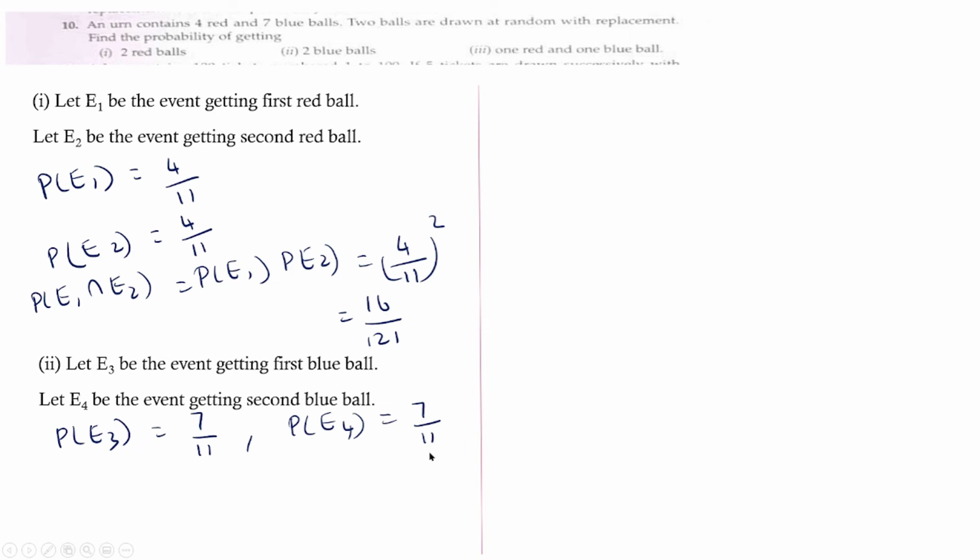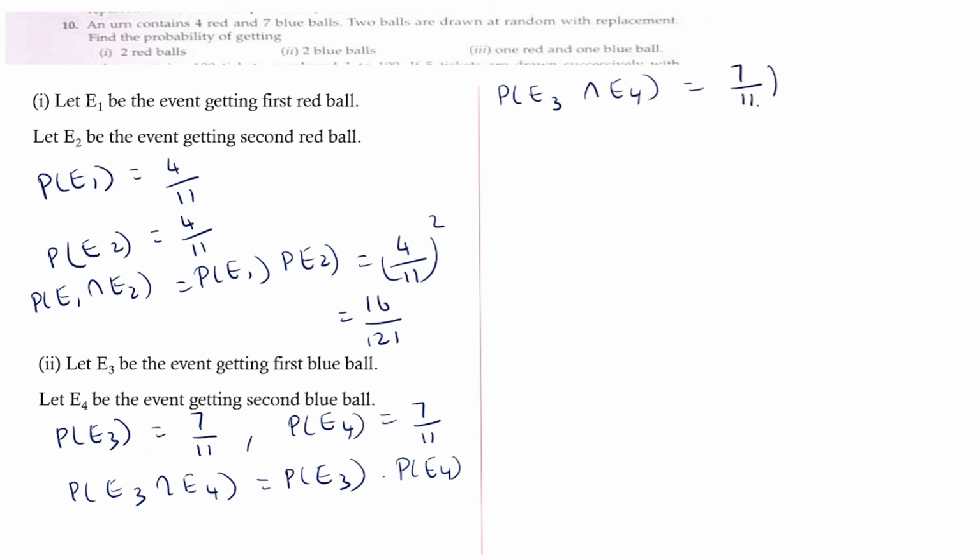So probability of E3 intersection E4 is equal to probability of E3 into probability of E4, which is 7 by 11 the whole square, which is 49 by 121.